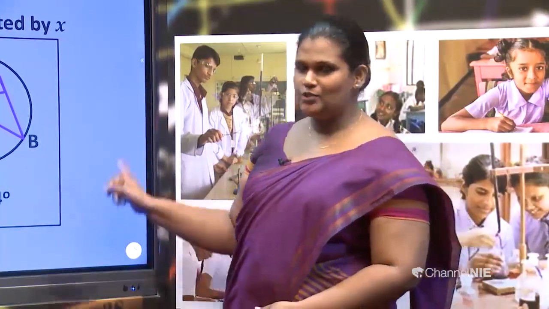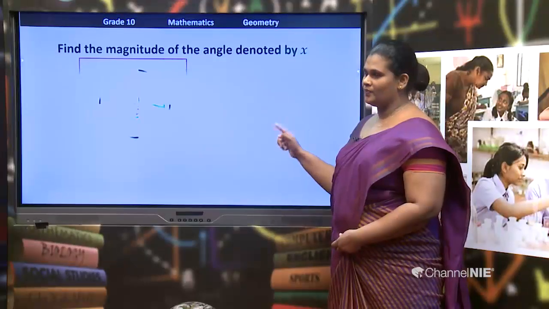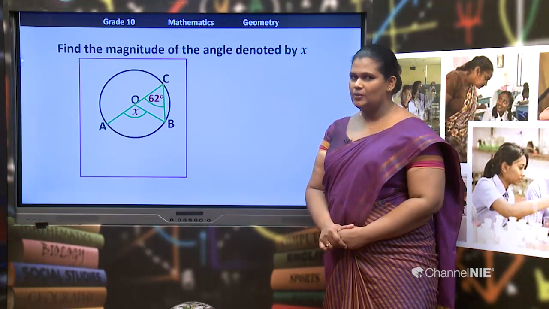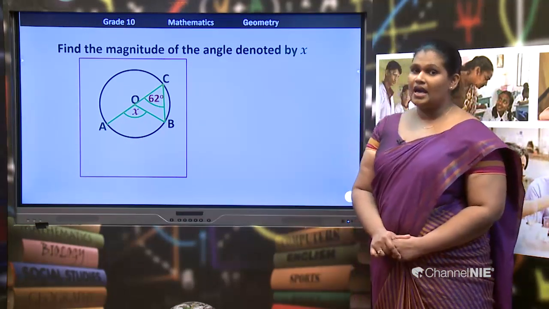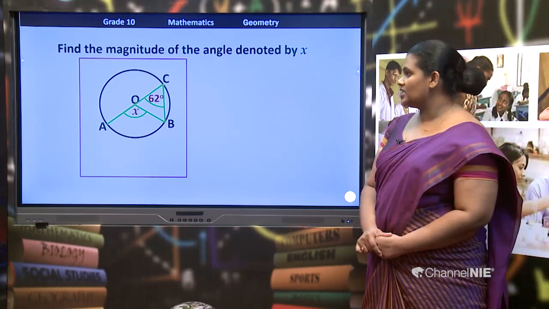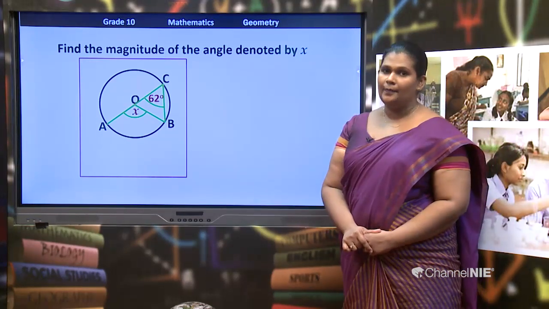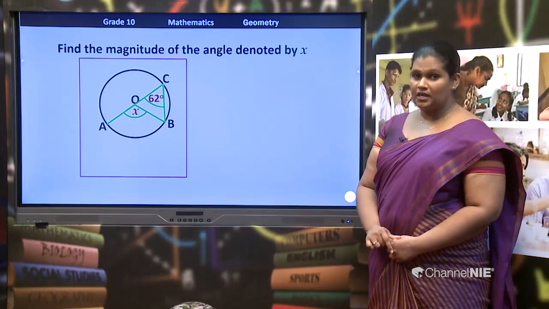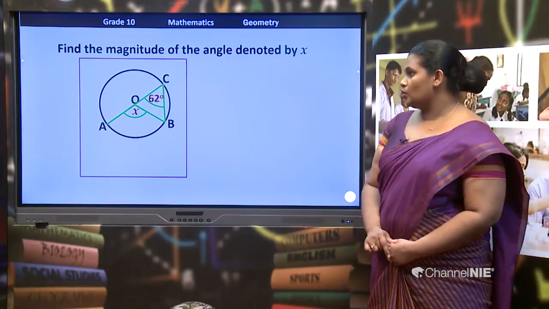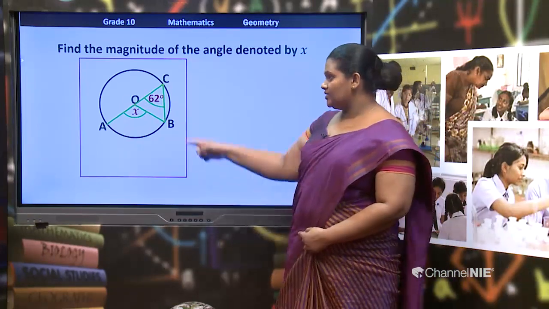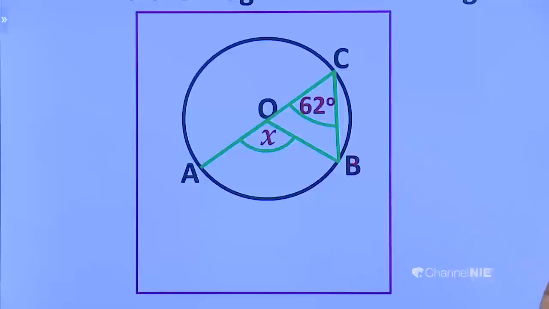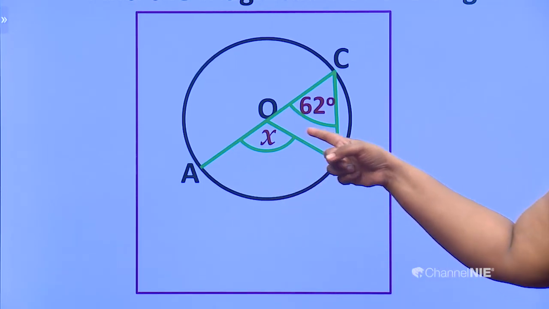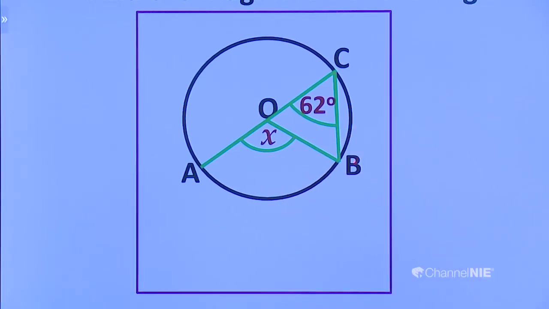Right, have a look at this one. Right, once again I have got a circle with center O and I have marked 3 points on the circle. Those are A, B and C. Right, once again I have to find the magnitude of x. So we can see x is the angle subtended by the minor arc AB at the center of the circle.